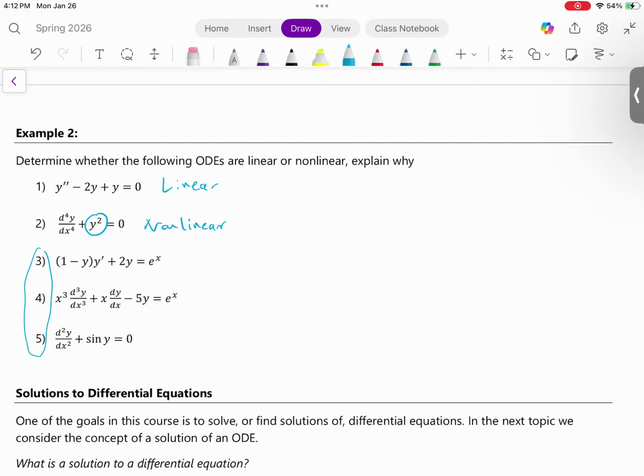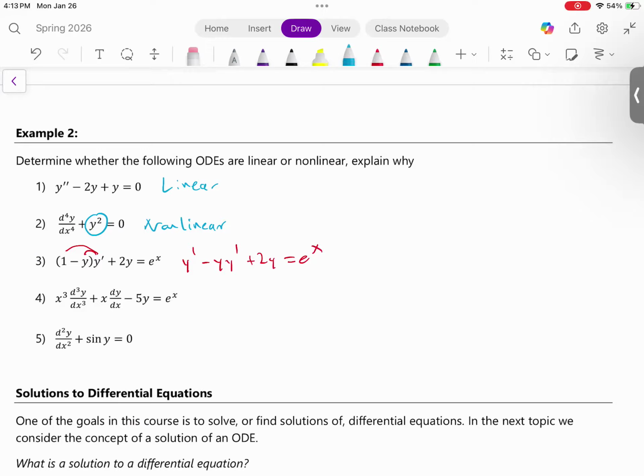Okay, welcome back. So hopefully you tried these out. And for example 3, this is going to be nonlinear because what happens if I distribute in this y prime? This would be y prime minus y prime plus 2y equals e to the x.